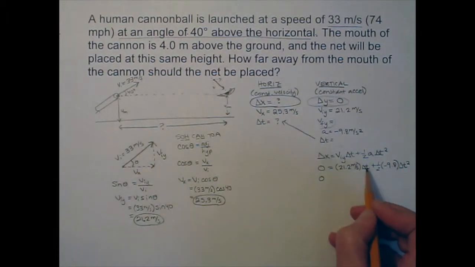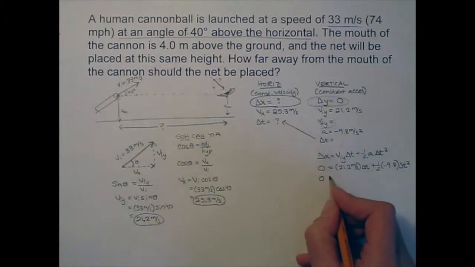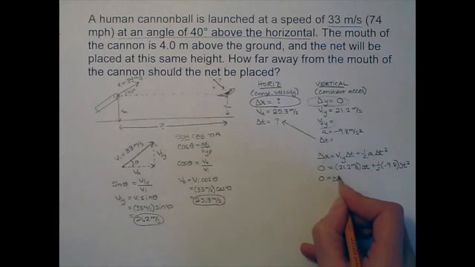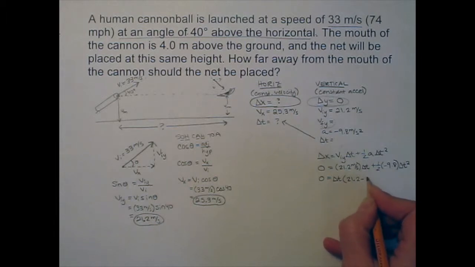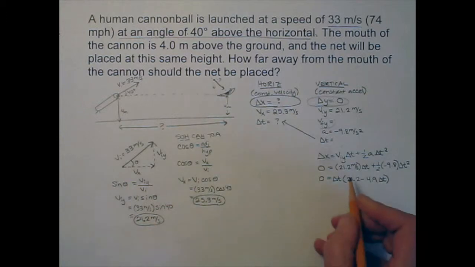And we see that there's a delta t and a delta t squared. So I can factor out one of those, leaving me with 21.2 minus 4.9 delta t. And then as long as delta t is not 0, I can divide both sides by delta t.